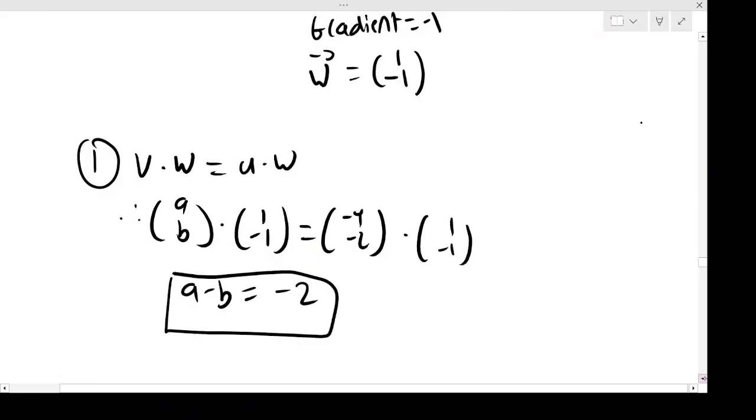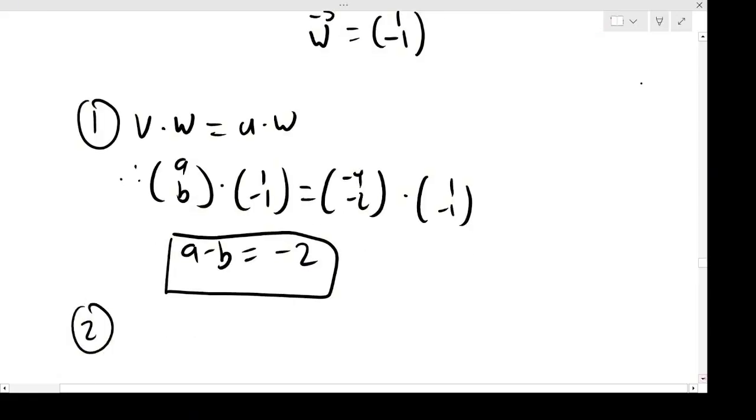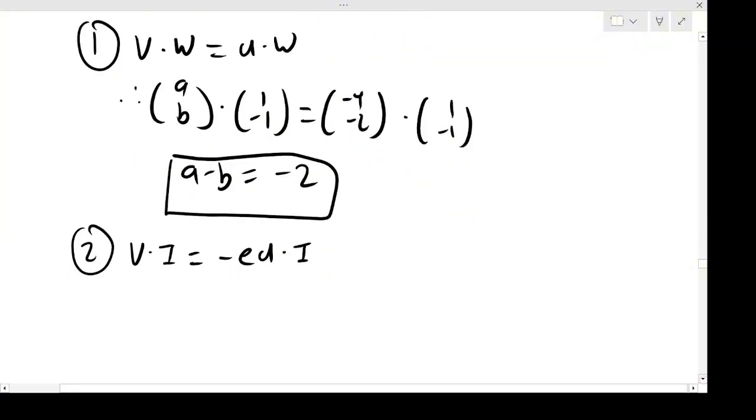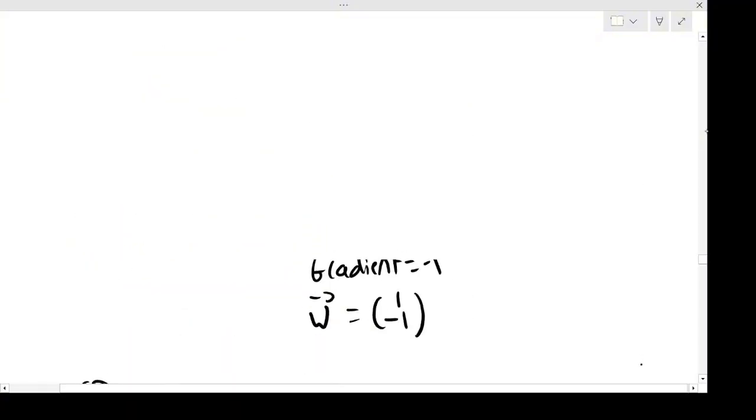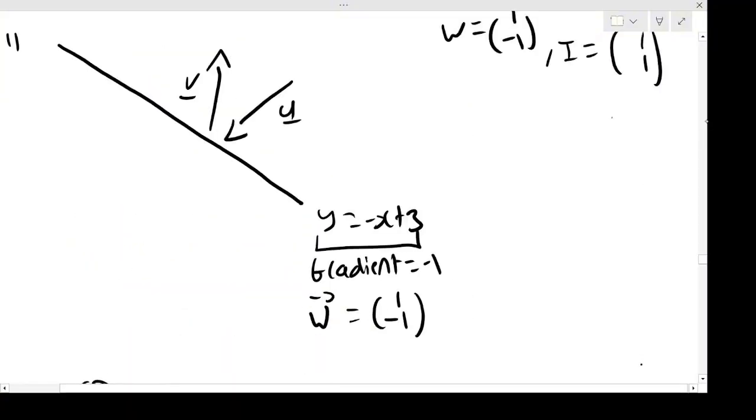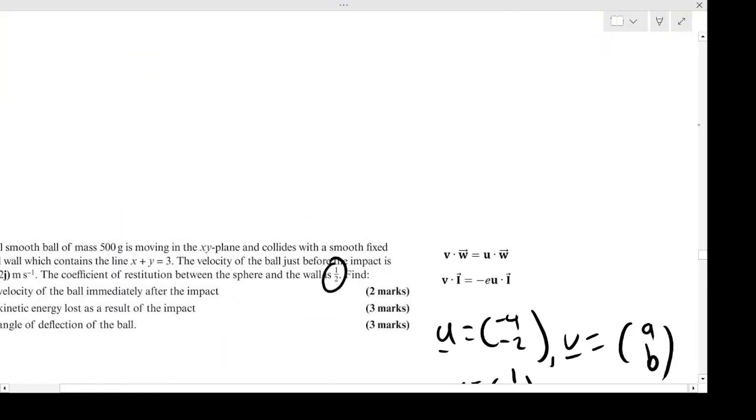Then the other equation, okay, remember, is V dot I is minus e U dot I. Okay, so in this case, that's going to be AB for V dotted with I, which we said was 1, 1. It's going to be minus e. Now e's a half, okay?